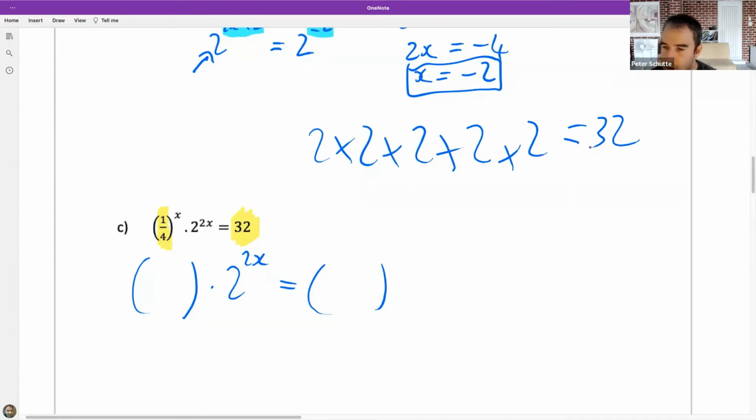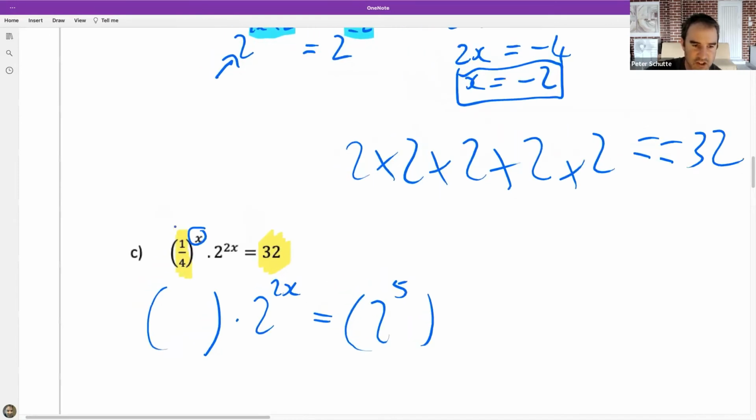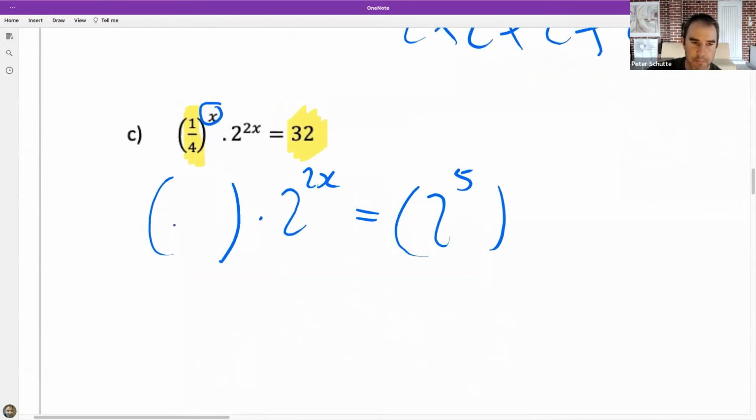I think that the quarter, we can multiply it by 4 over 1. So multiply by 4 over 1, but the problem is this x. Yes, x is attached to the quarter. That's the problem.